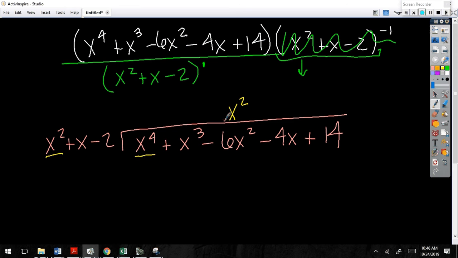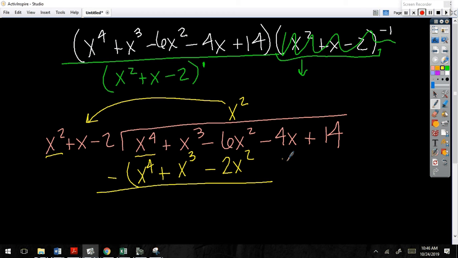All right, let's multiply around. It's got to hit everything, right? So x squared times x squared is x to the fourth. It goes in the column with the powers of 4. X squared times x is x to the third, so it goes in the column with the thirds. X squared times negative 2 is negative 2x squared, right?